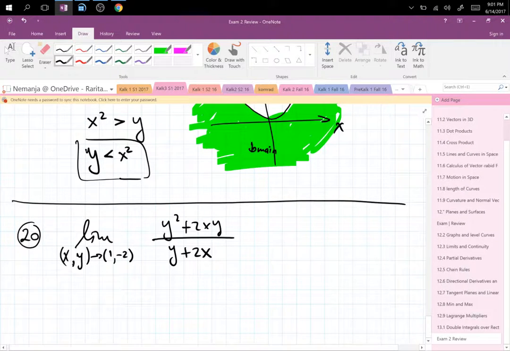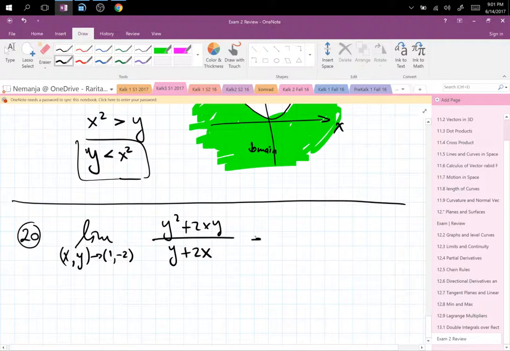So plugging in doesn't work. That means we have to massage the problem using algebra to try and cancel stuff. And we are lucky here because if you factor out y in the numerator, denominator gets canceled. So the answer for this is negative 2. It's clear, right?